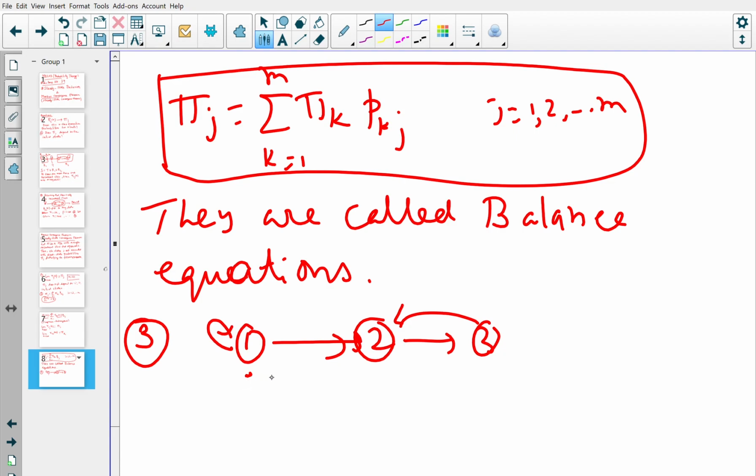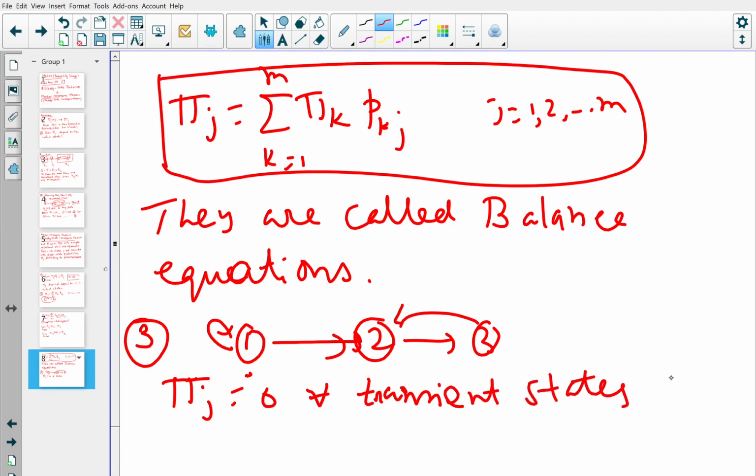So what does that mean? In the long term, these probabilities are 0 for all transient states. And for recurrent states, these are 2 and 3, recurrent states, you have a positive probability, clear?